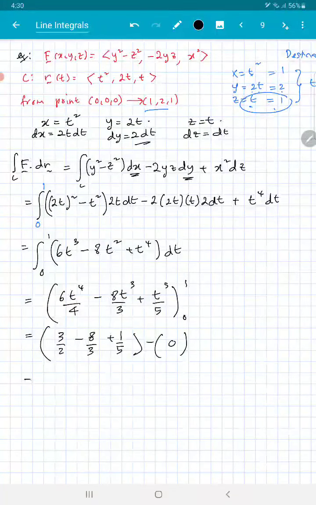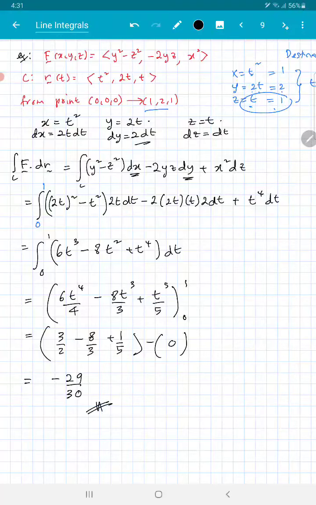So simplify this, 3 over 2 minus 8 over 3 plus 1 over 5, and we get negative 29 over 30. Okay, so that is the answer.